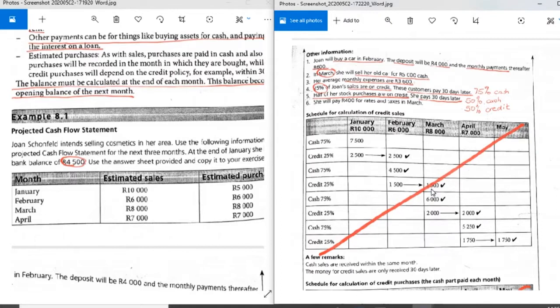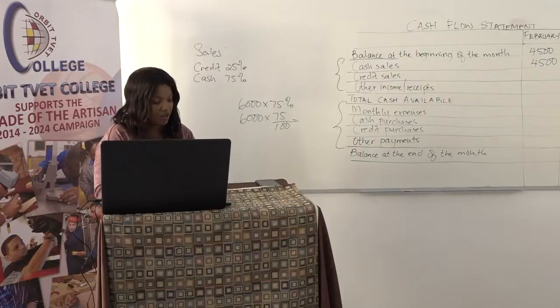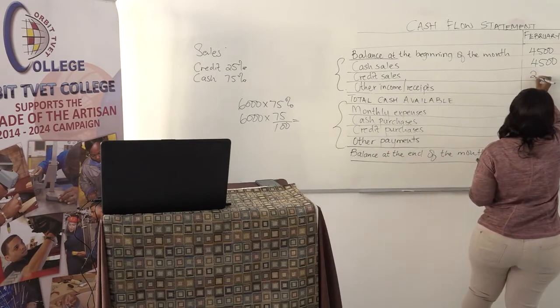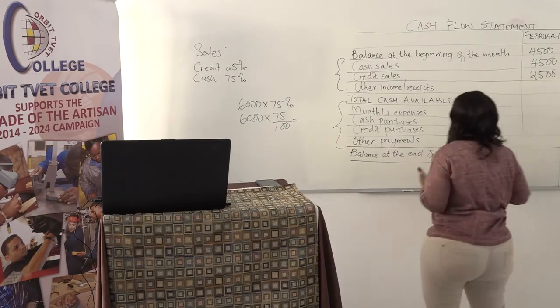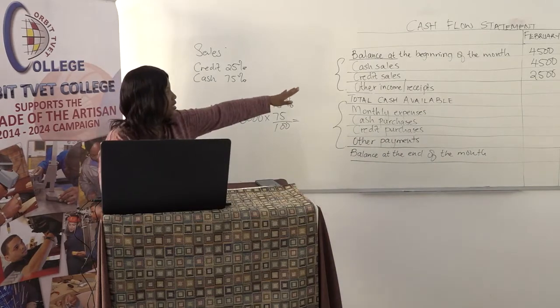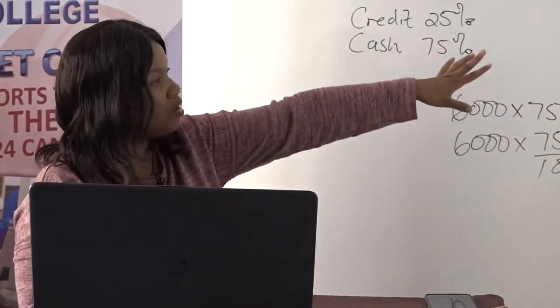So when we check our transactions there, it says 10,000 rand was our estimated sales. We multiply it by 25%, then we get 2,500 rands. We are done with the sales, both credit and cash, for the month of February.